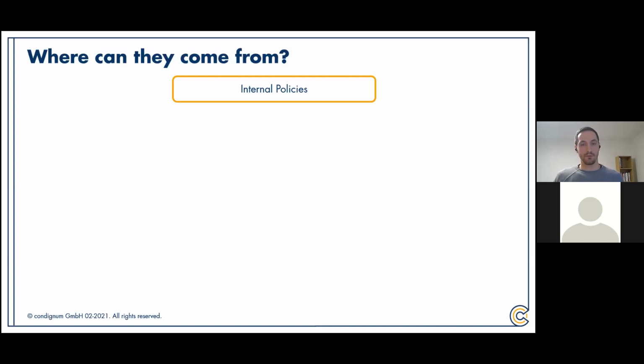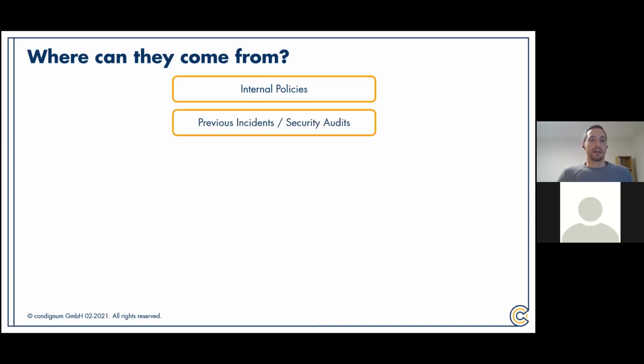You can just go through them and think about what it really means for my development process, for my product development, and which requirements I can derive from that. Another important source can be previous incidents and security audits performed within your company.